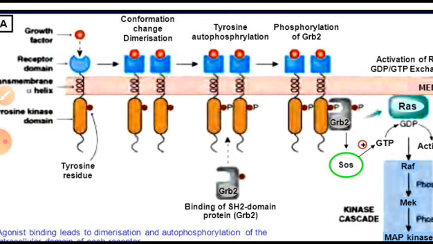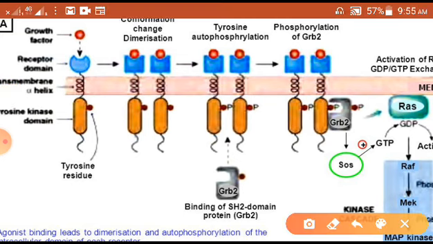Now with this activation, the enzyme will attract certain proteins, and this attraction of certain proteins will initiate a cascade of events. For example, here it has activated one protein which we call GRB2. Now GRB2 gets activated, and this GRB2 activates another protein which we call SOS protein.